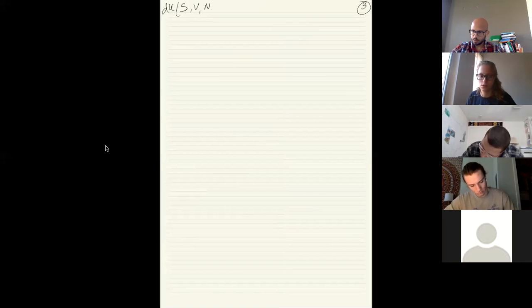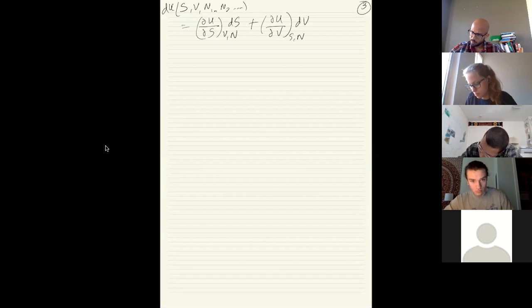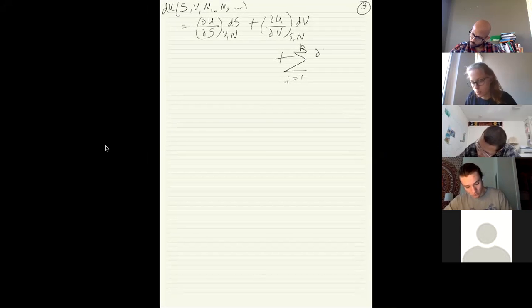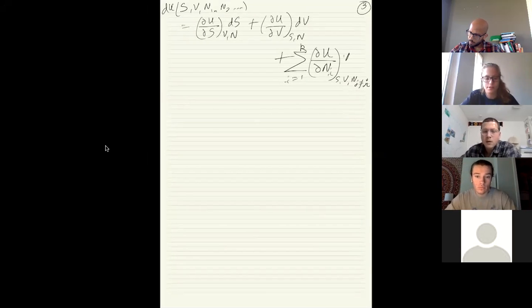So again, this would be partial U by partial S, keeping V and all the N's constant, multiplied by dS, plus partial U by partial V, keeping S and all the N's constant, multiplied by dV, and plus the summation i equal to 1 to k, partial U by partial Ni at constant S and V and Nj not equal to i, multiplied by dNi.